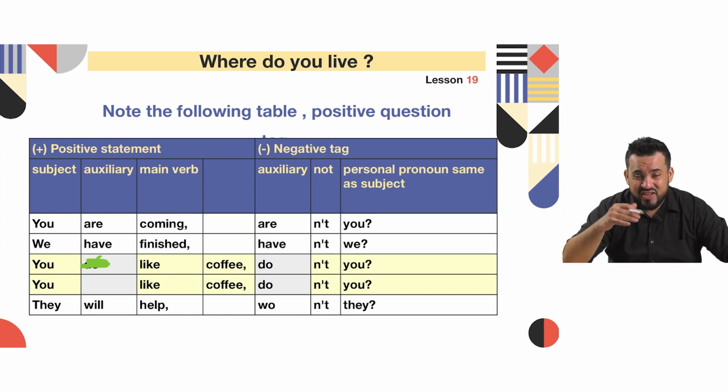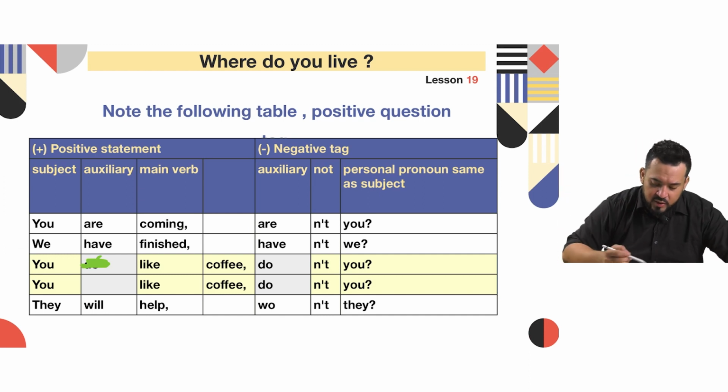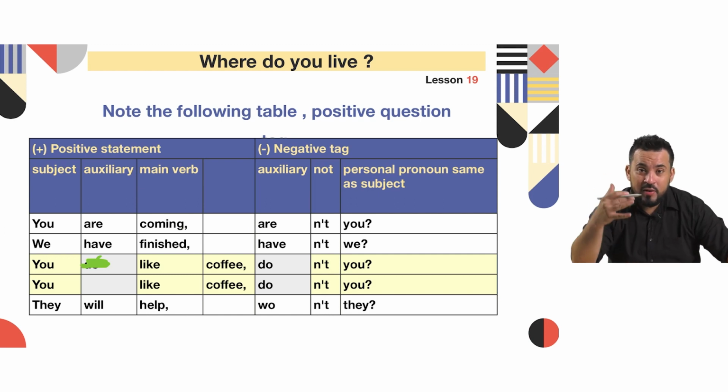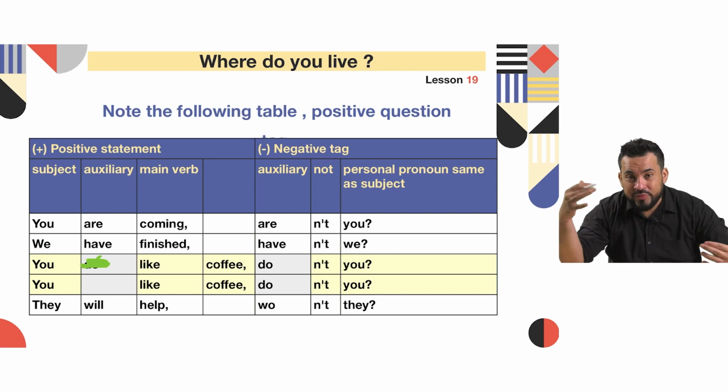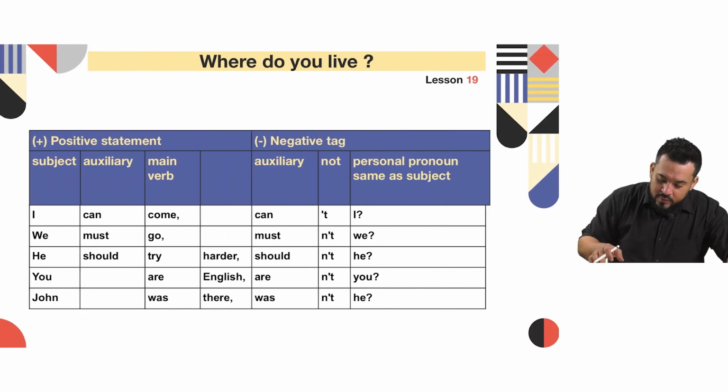You like coffee, don't you? Notice the pronunciation is like a ch sound. Normally with the don't you, it just comes out this way. They will help, won't they? Again, when will is negative, will plus not equals won't. So they will help, won't they? All right.